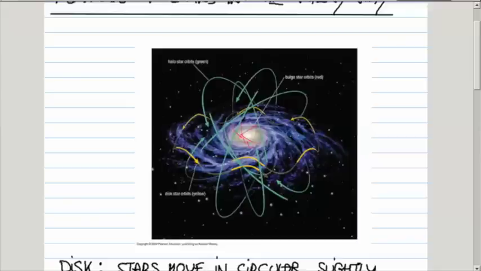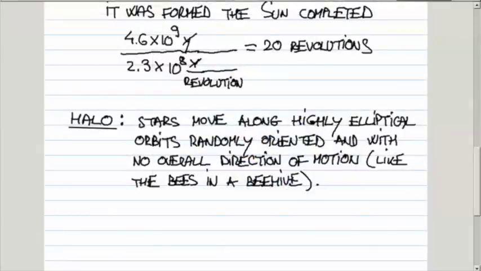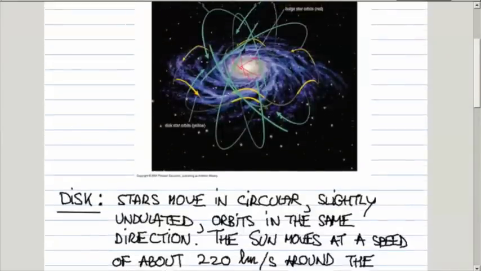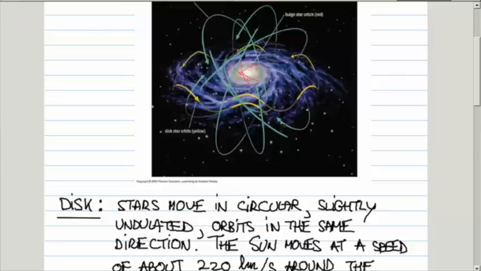along highly elliptical orbits. Okay, so we see that the two groups of stars, those in the disk and those in the halo, also differ in the way in which they move around the galactic center. And finally, the third part, the bulge, basically the motion is similar to the motion of stars in the halo, right? They move along highly elliptical orbits every which way.